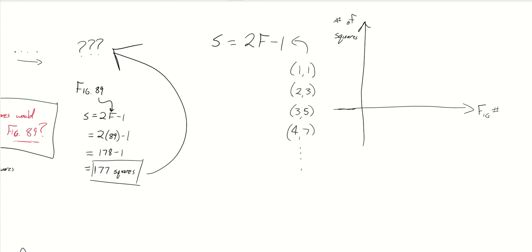We could then plot these ordered pairs, right? So 1, 2, 3, 4. We only go up to 4 here, but we could go up to 5 if we wanted. And so how many squares would we need? 1, 2, 3, 4, 5, 6, 7. It's good to write, at some point, how far you're going up with this scale, because it could be that each tick mark actually represents some number other than 1.